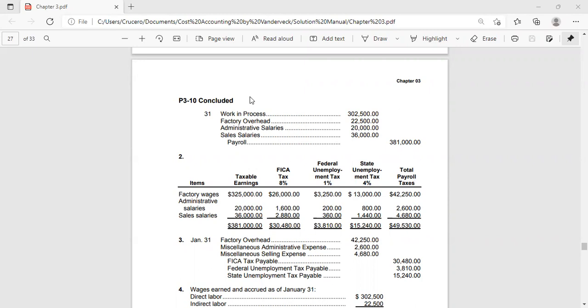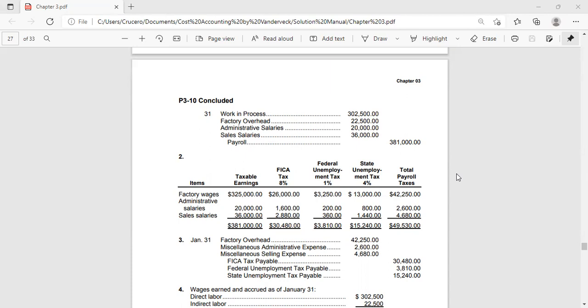Okay, so we have requirement number 2. We have now for factory wages 325,000, and we have the deductions, so giving us the total payroll taxes. Then for administrative salaries and for sales salaries, the total taxable earnings, and then we have the deductions and the employer payroll taxes as stated in requirement number 2.